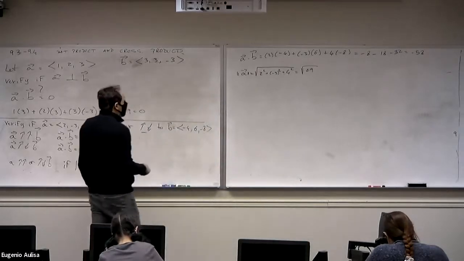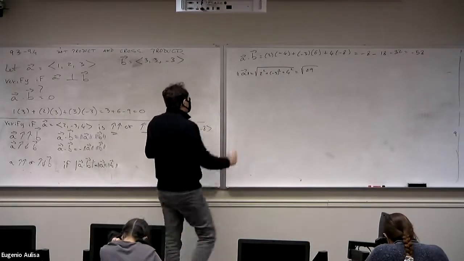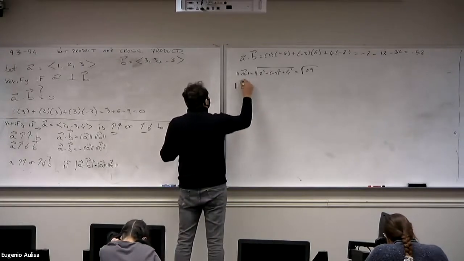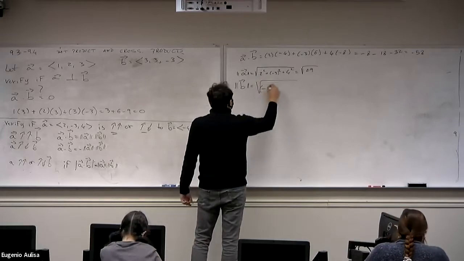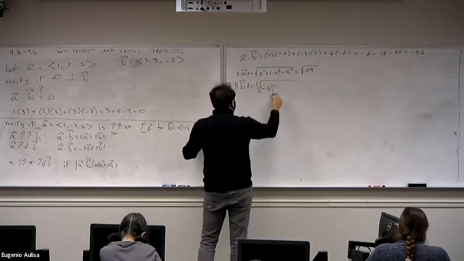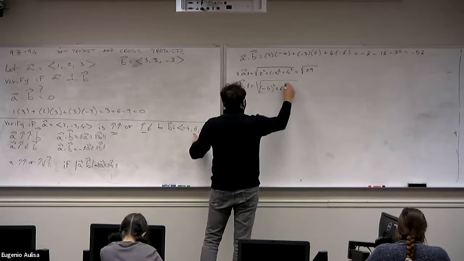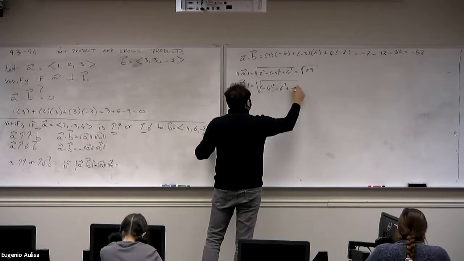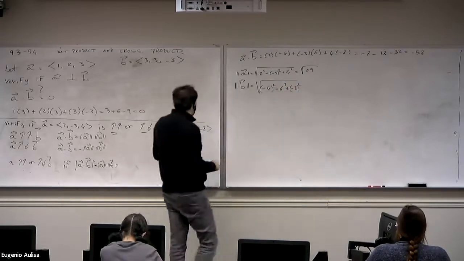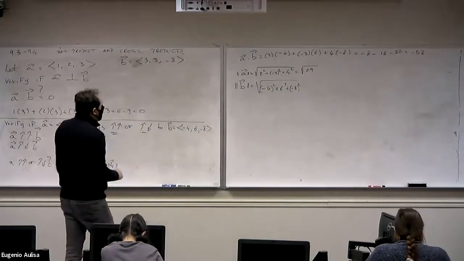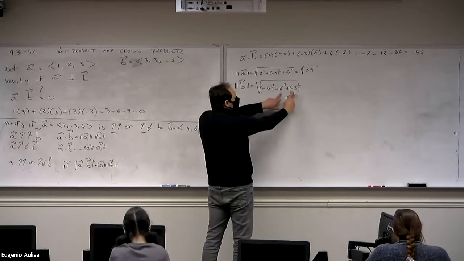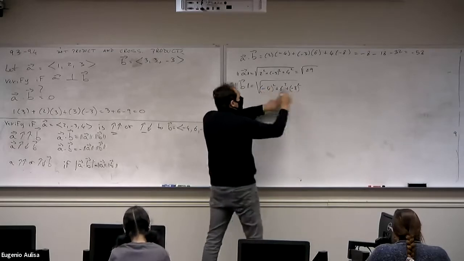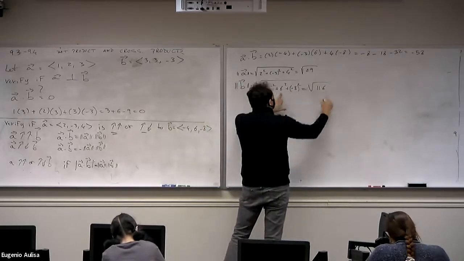And if we do B's length, we are going to get -4 squared plus 6 squared plus -8 squared. So this is going to be 16 plus 36, 52, plus 64, 116, square root of 116.